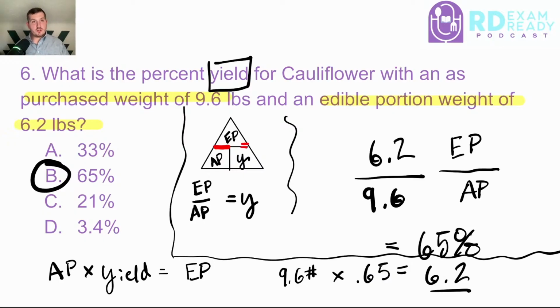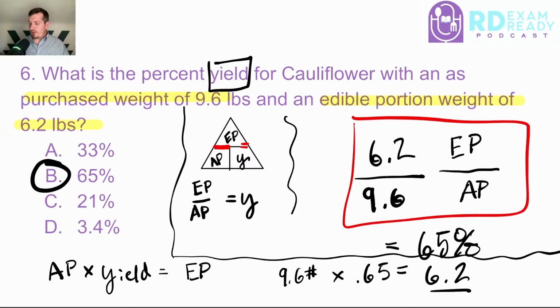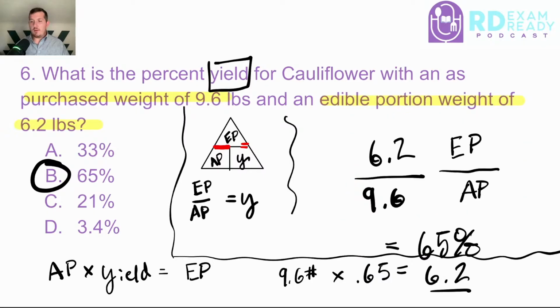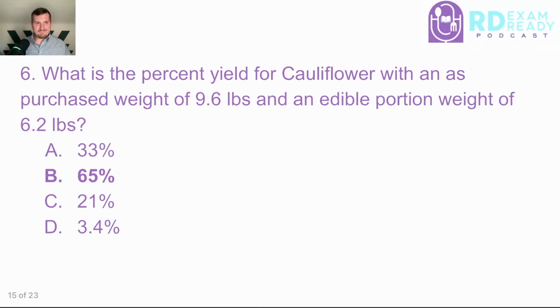So that would be your triangle method right there. It's exactly the same thing we did. It's just that I don't use the triangle for my reference. I just think critically about what the yield means, meaning it's what I get out of the product. Great question there. Either way works as long as you understand it.